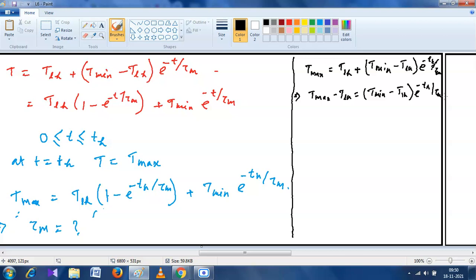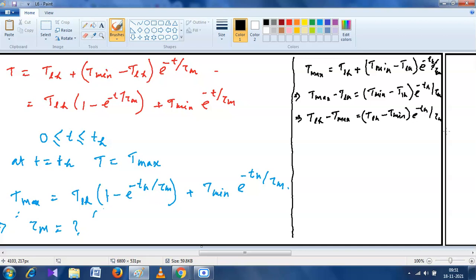Which value is greater in between T max and TLH? Which one is higher value?